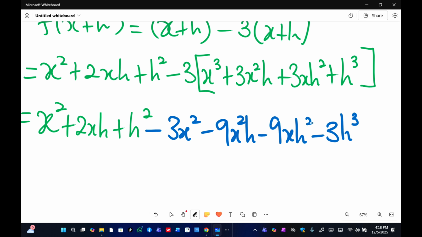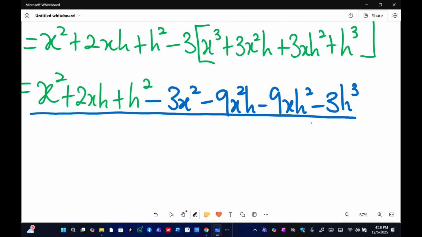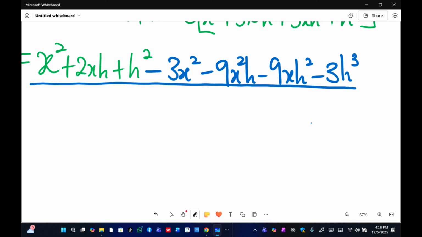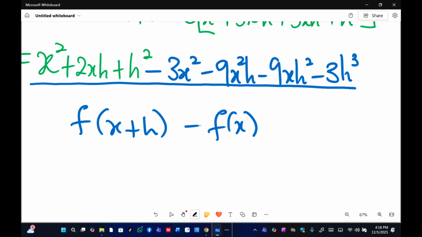We are now done with our f of x plus h. So up here is our f of x plus h. So let us subtract our f of x from our f of x plus h. So let us find our f of x plus h minus our f of x.